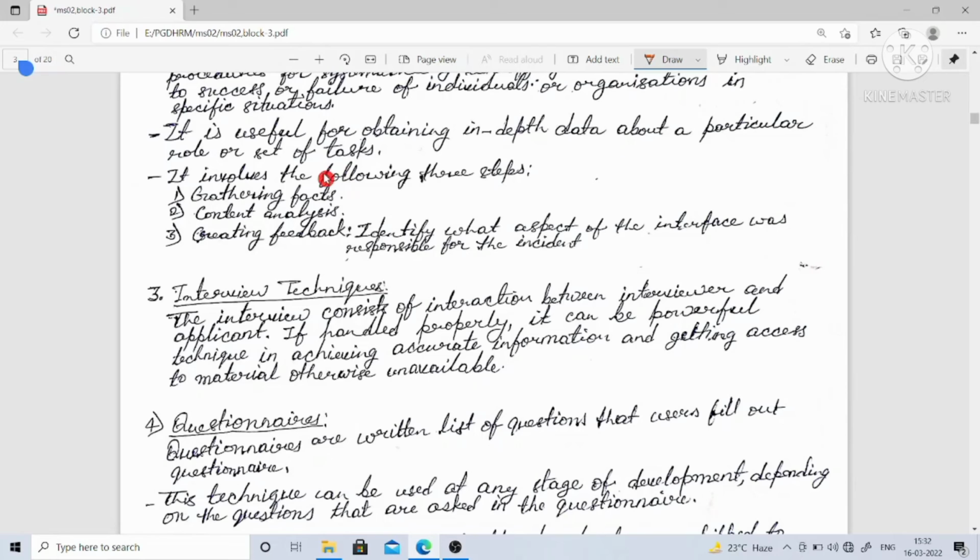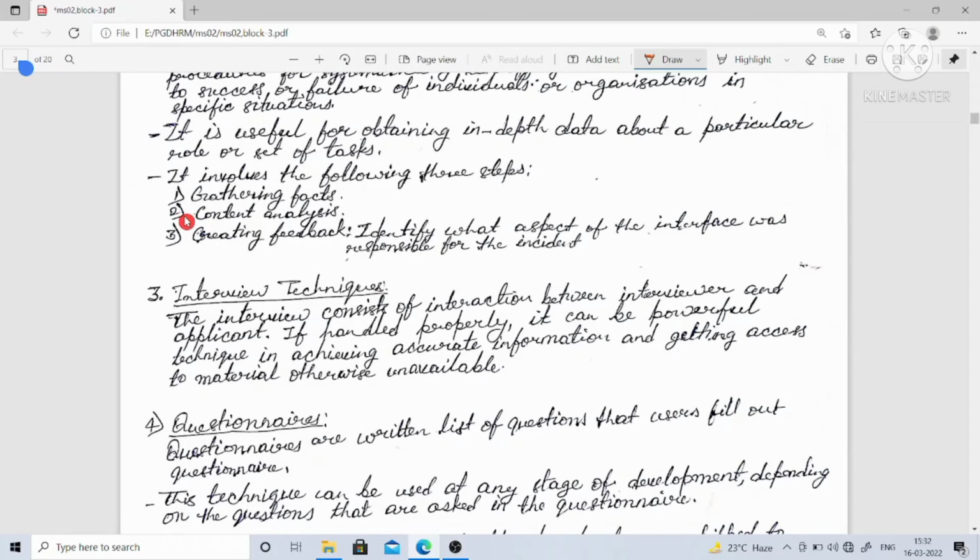It involves the following 3 steps. The first step given is gathering facts about the behavior for a particular job. Then content analysis, so the content should be analyzed.